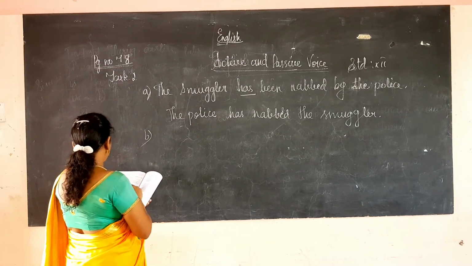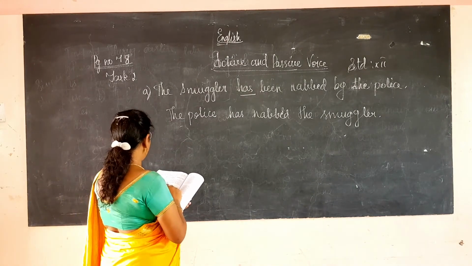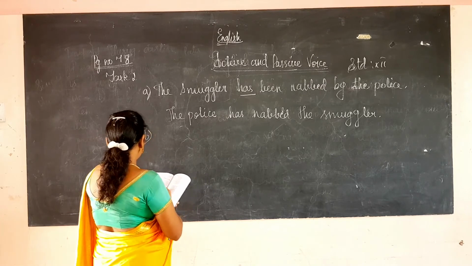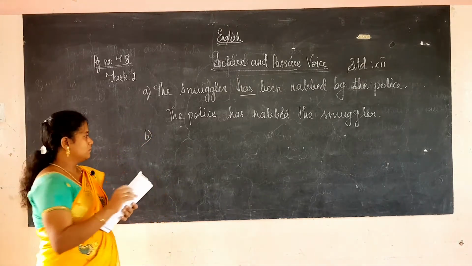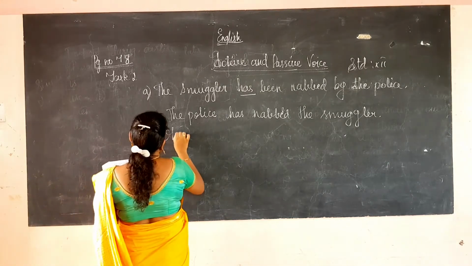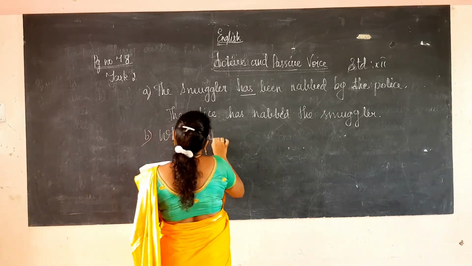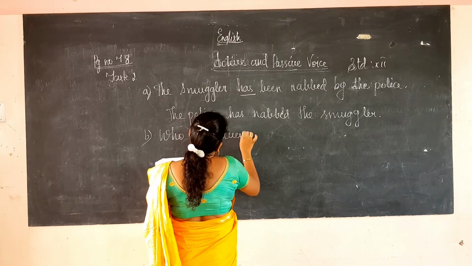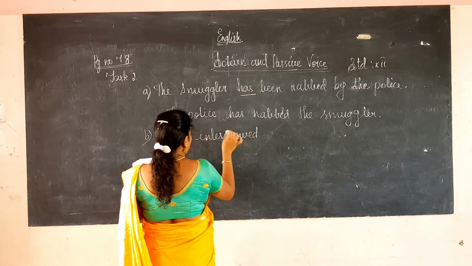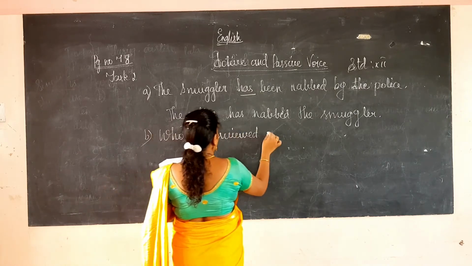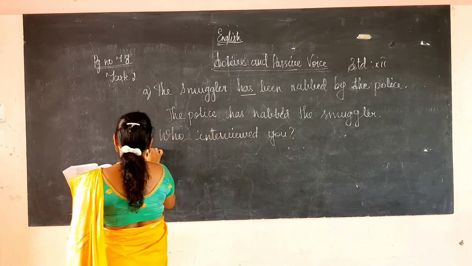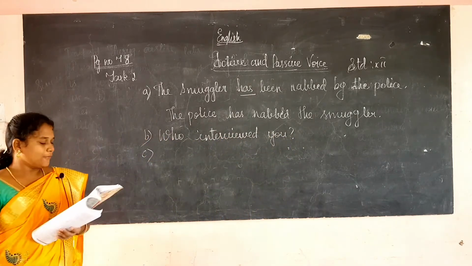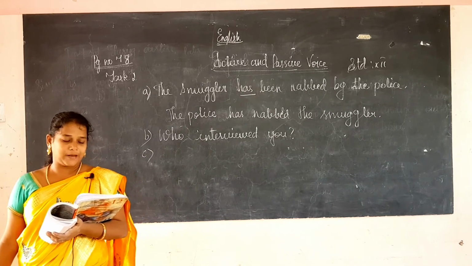Next, by whom were you interviewed? By whom were you interviewed? So, how will you write by whom? Definitely, who. So, who interviewed you? The third one: why were you scolded by your parents?